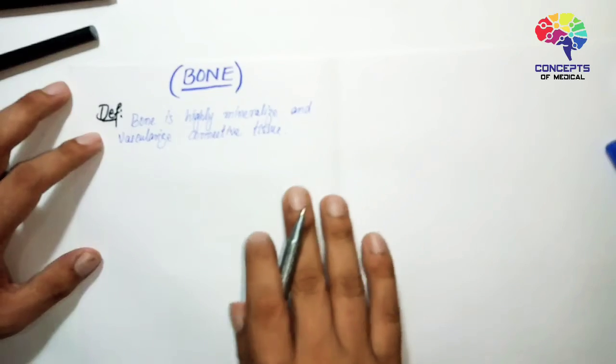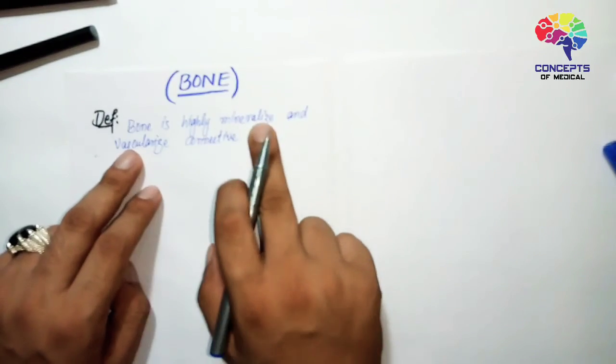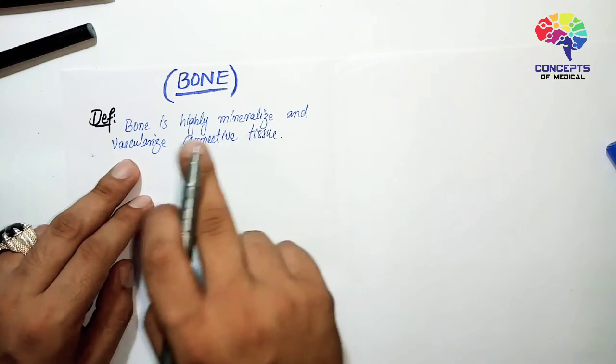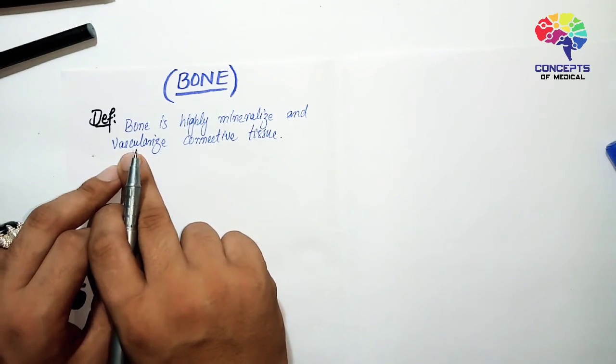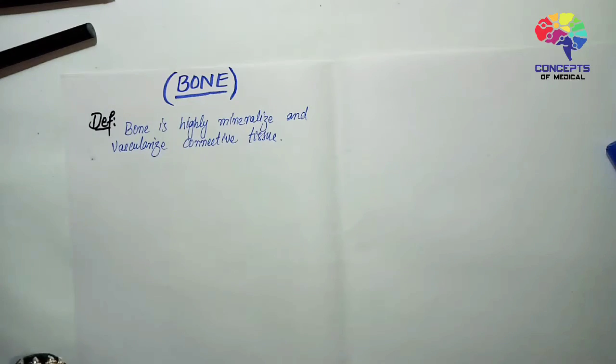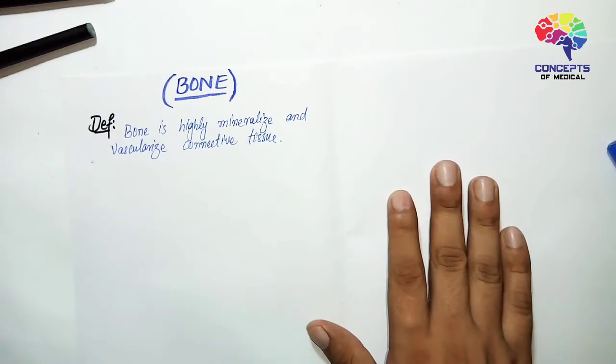It means that within the bones we have a lot of minerals and we have a lot of vessels. So bone is actually highly mineralized and highly vascularized connective tissue.